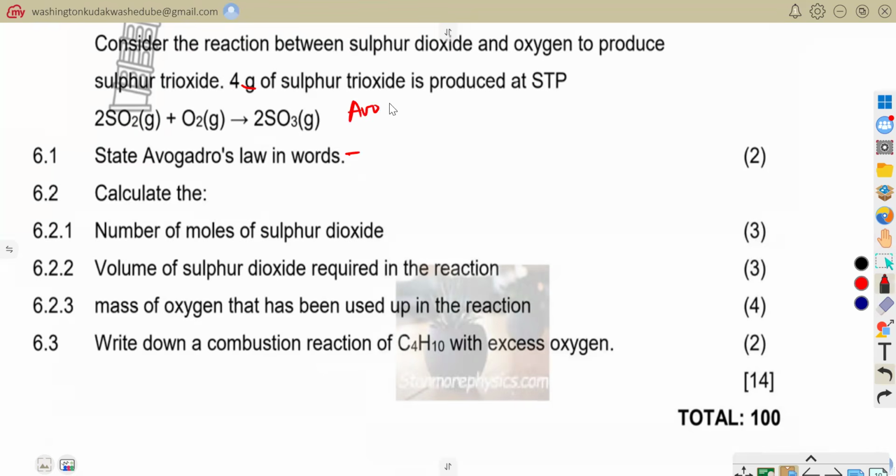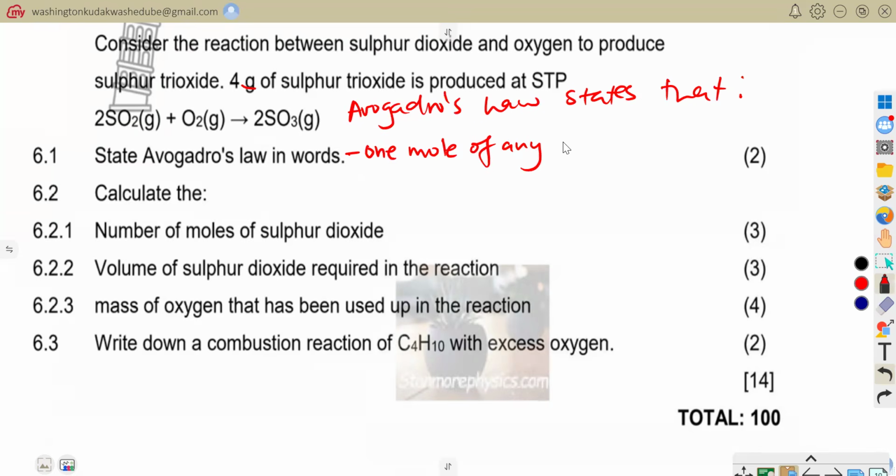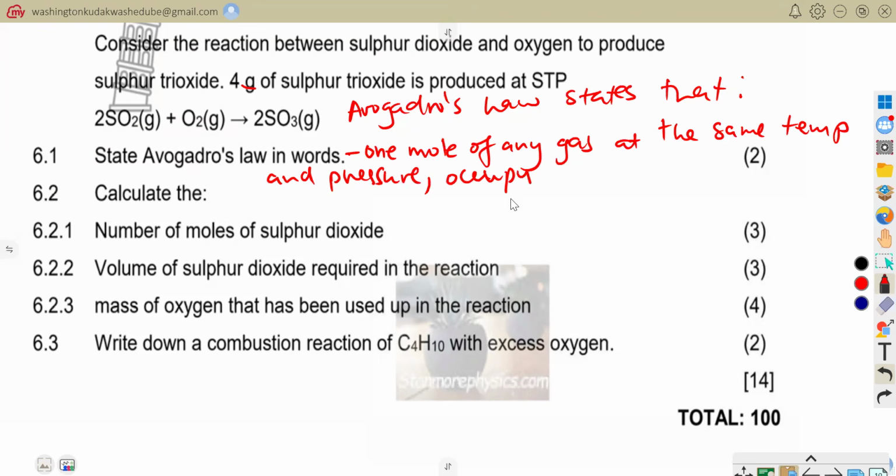Avogadro's law states that 1 mole of any gas at the same temperature and pressure, they occupy the same volume.